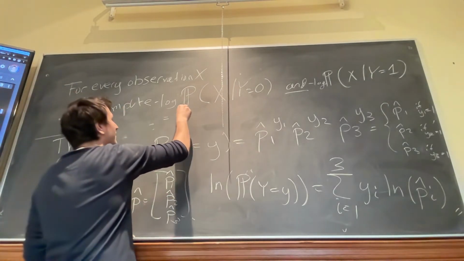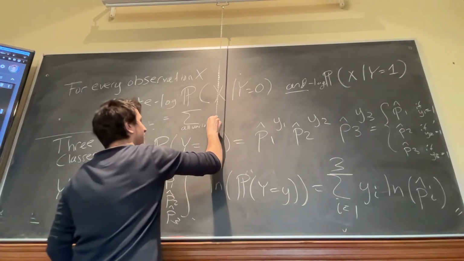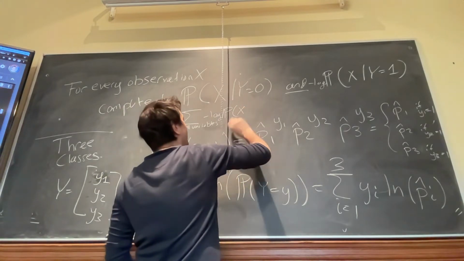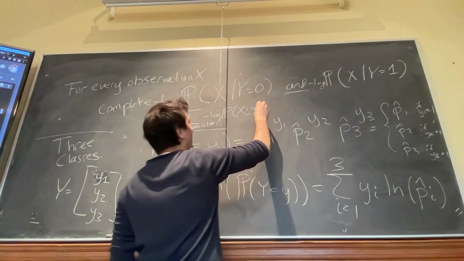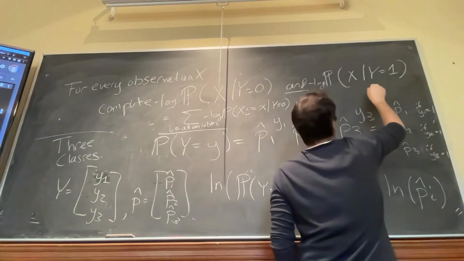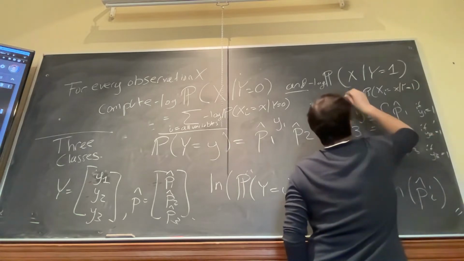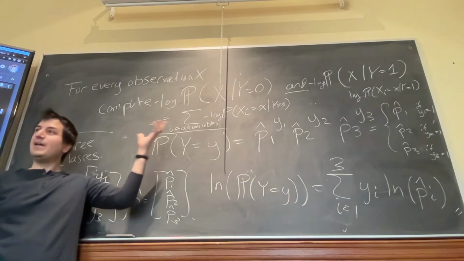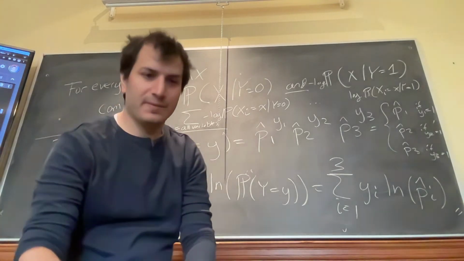So this is equal to the sum over all variables of the log probability of xi given y equals 0, and the same thing for y equals 1. This is the nice thing about naive Bayes: you can just do each feature independently and add them up.